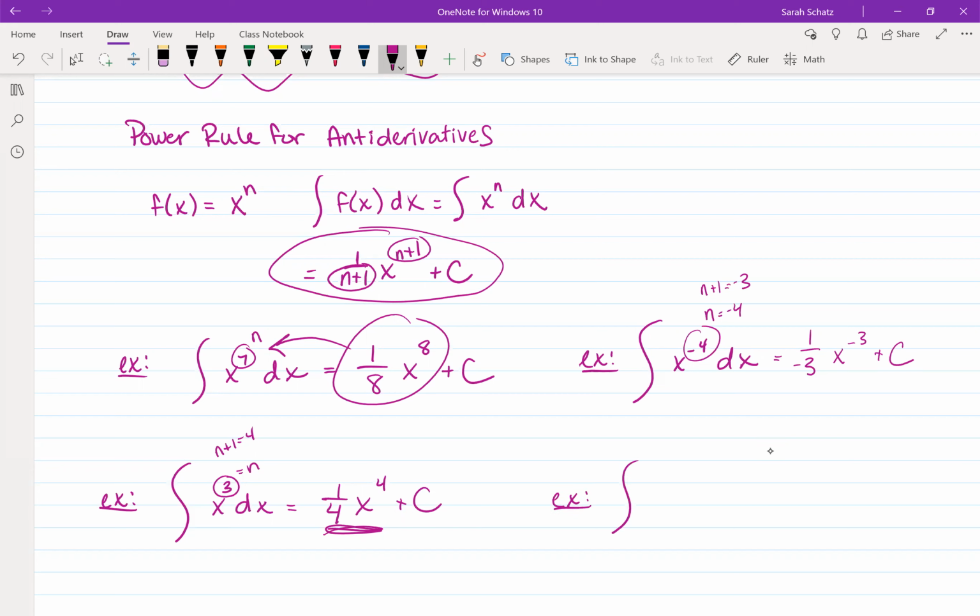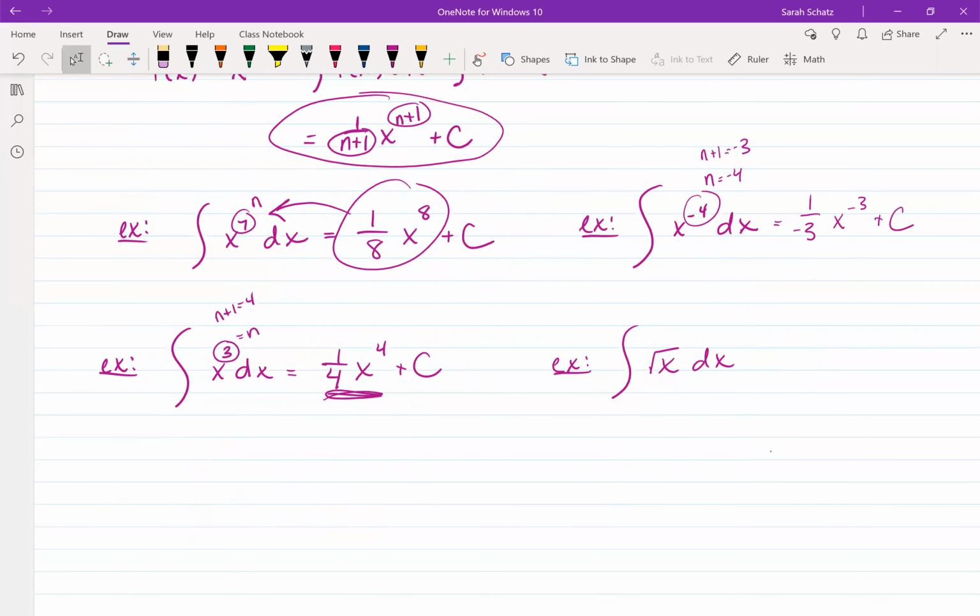What about roots? You guys, what if I got the square root of x? Well, just like the power rule for derivatives, if I'm using a power rule, I need to write this as a power. So the first thing I would do is write it as a power. Instead of writing square root x, remember I can write x to the 1/2. So it looks like my n is 1/2.